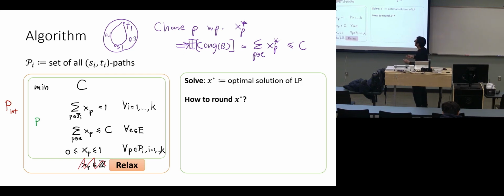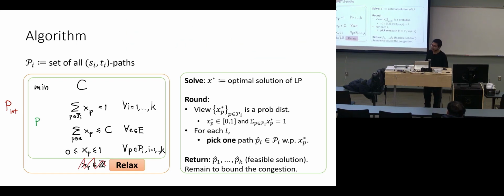It might be the case that you just toss a coin on each path here, and you just don't pick any of them. That's possible. Okay. So what we need to make sure is that for each pair s_i, t_i, you pick one path for sure. At the same time, you want the expected congestion to still be small, comparable to x star.